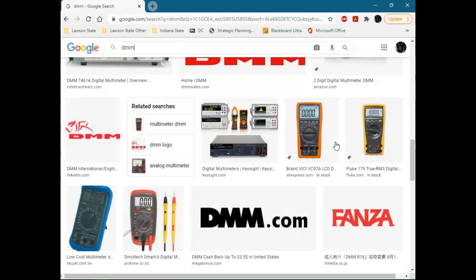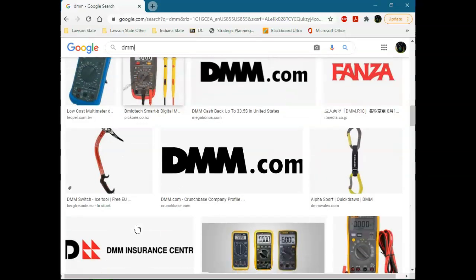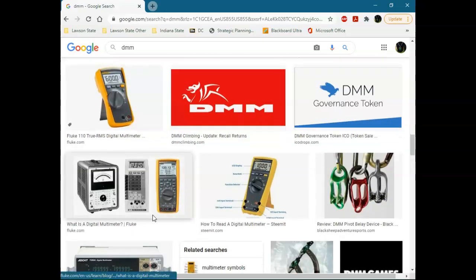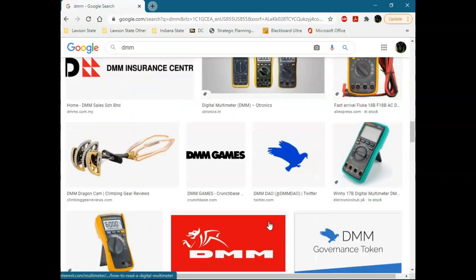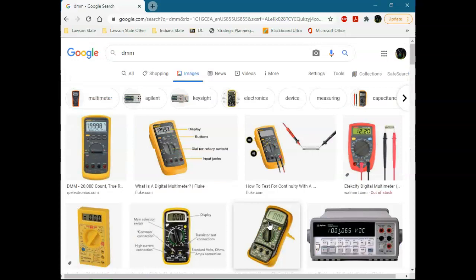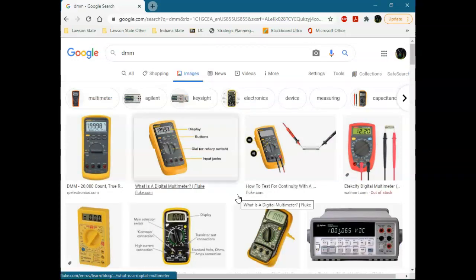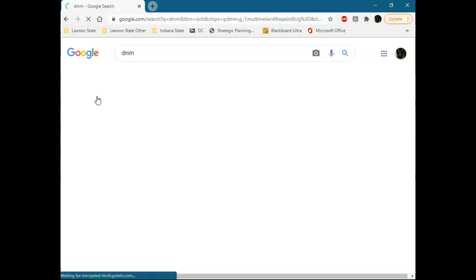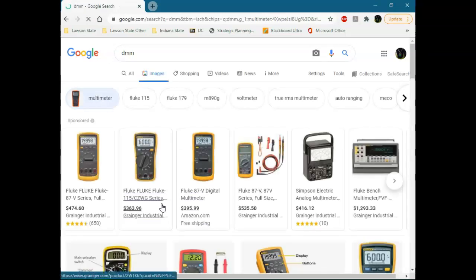I'm saying buy one that's going to hold up to what you want to do. If you're going to be doing major electrical work, make sure it can handle all the different electrical readings you're going to need. If you're just going to do electronics or some minor stuff, then that's what you're going to do.